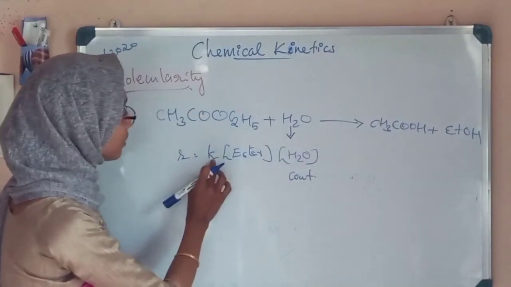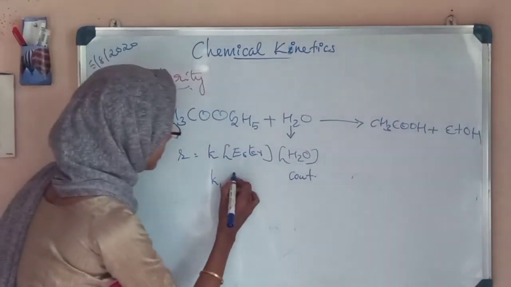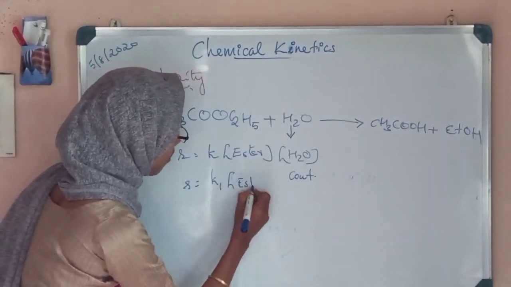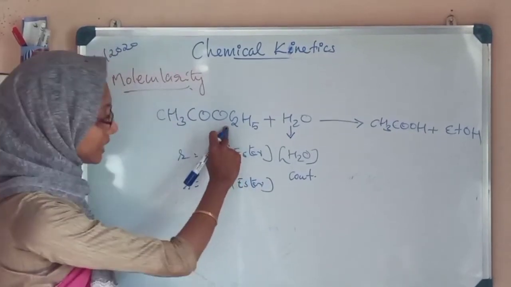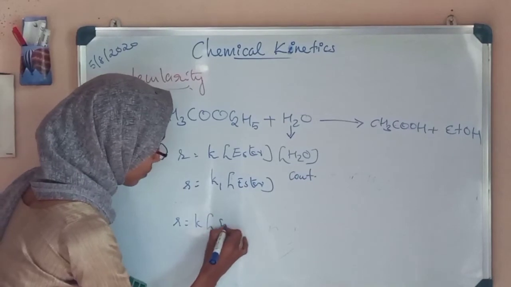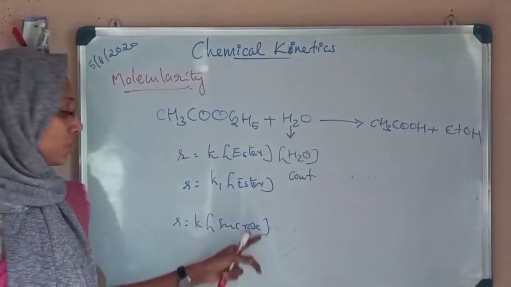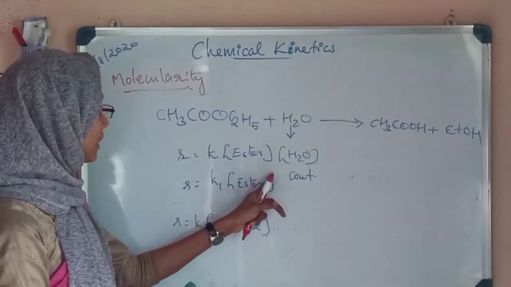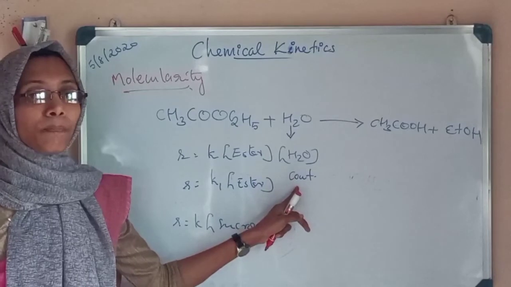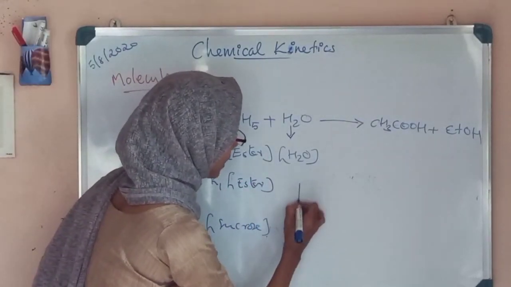So a constant into another constant is equal to a second constant, that is, the rate is equal to K into the concentration of ester only, in the case of ester hydrolysis, or R equal to K into the concentration of sucrose in the case of hydrolysis of sucrose. So for this reaction, the order is equal to 1. Such reactions are known as pseudo monomolecular reactions.